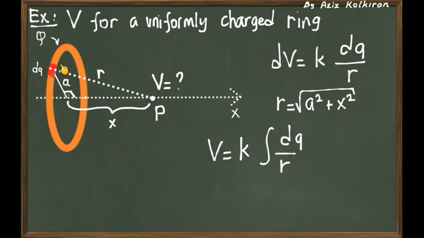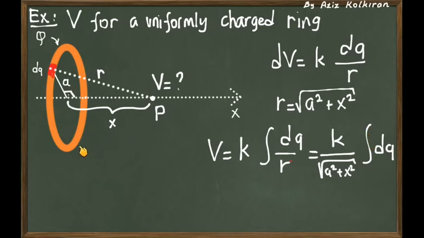When you run dq all over the ring, this distance r does not change. So we can take r outside the integral, and we are left with the integral of dq, but the integral of dq is nothing but the total charge on the ring. So the result is k times the total charge divided by r.